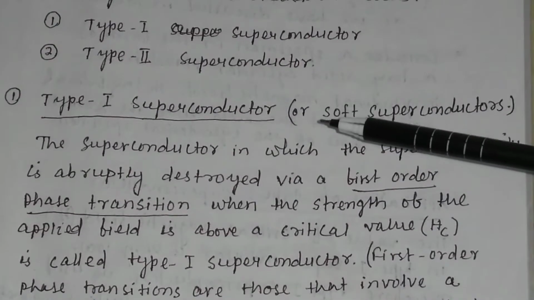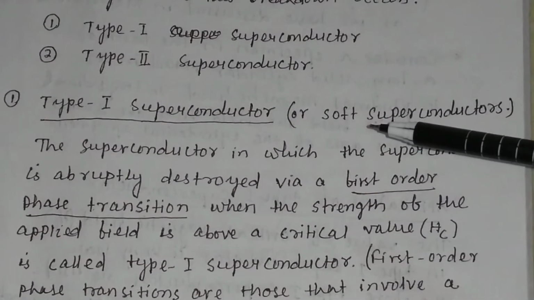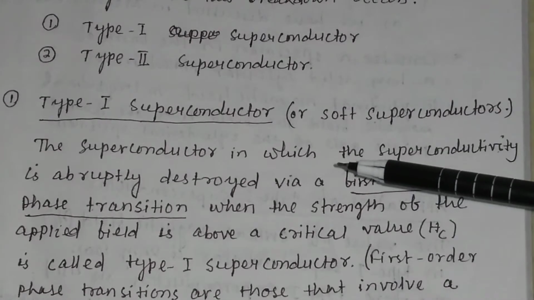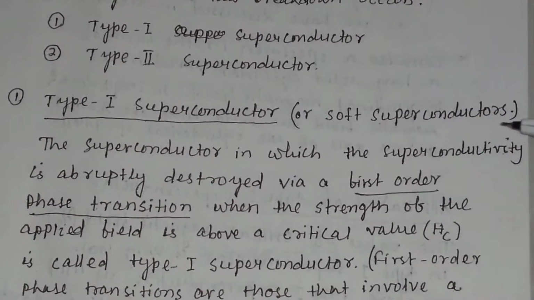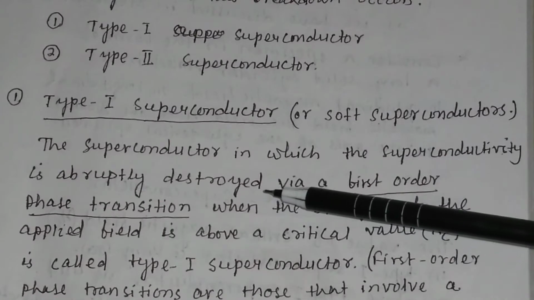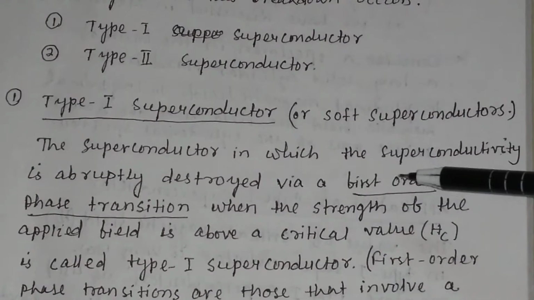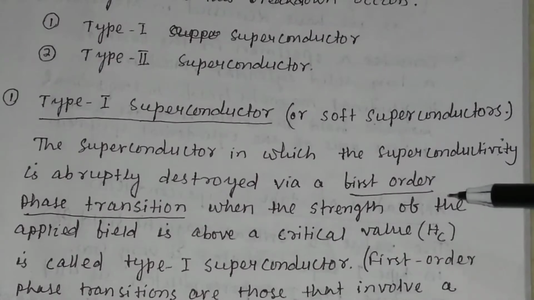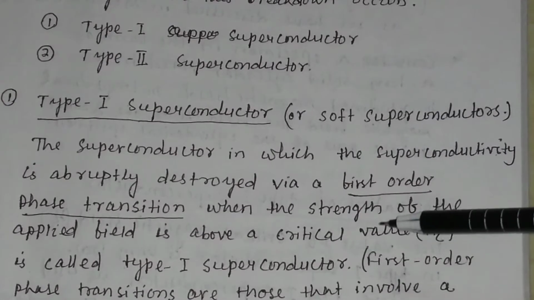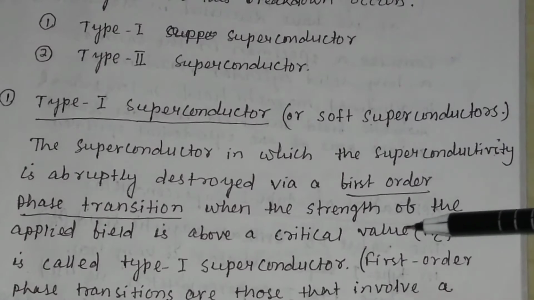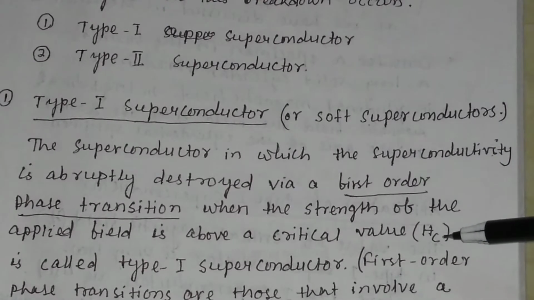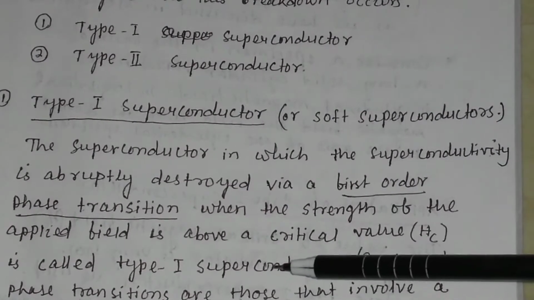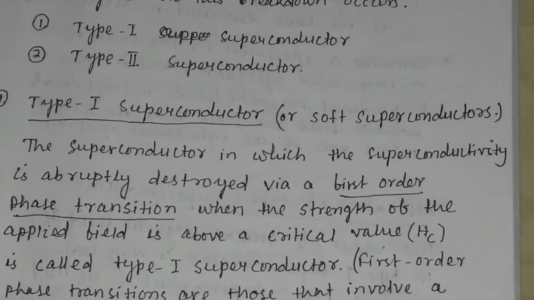Type 1 superconductor, or soft superconductor: the superconductor in which the superconductivity is abruptly destroyed via a first order phase transition when the strength of the applied field is above a critical value, that is Hc, is called a type 1 superconductor.